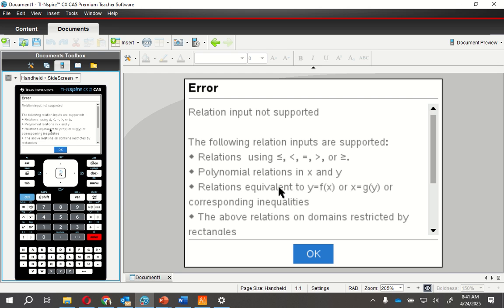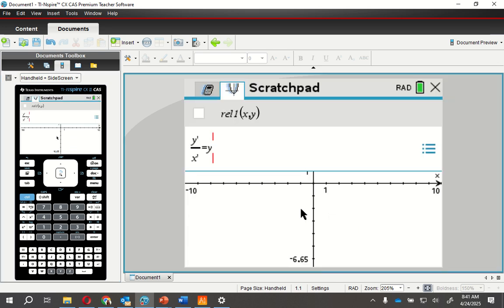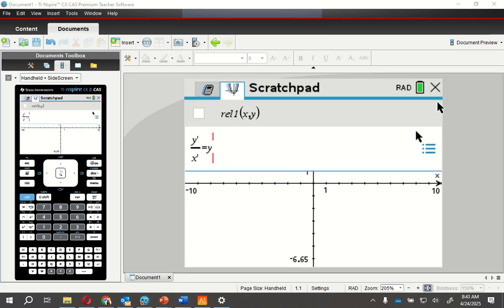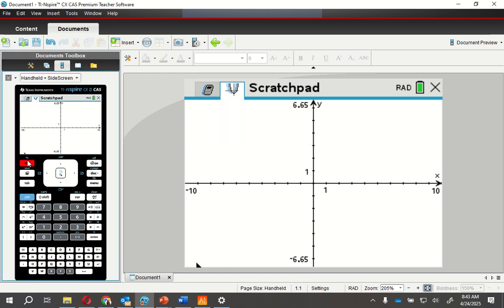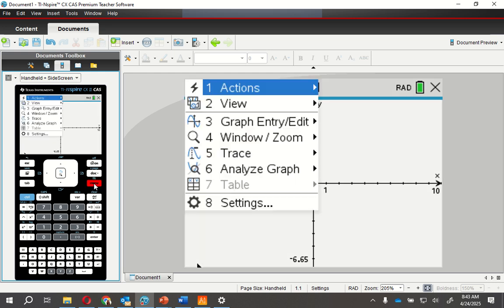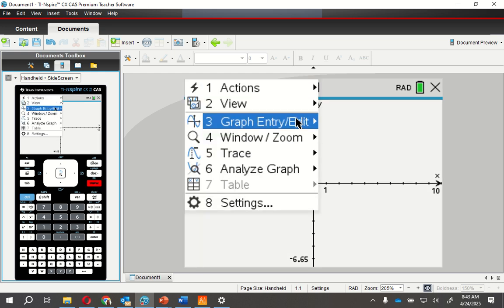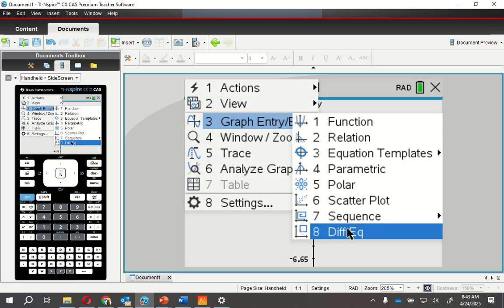Okay, now I'm going to have to do this since there was an update since last time I did. All right, going back to my thing, because I was in the wrong menu. That's why I messed it up. Escape, right here, menu, graph, differential equation.